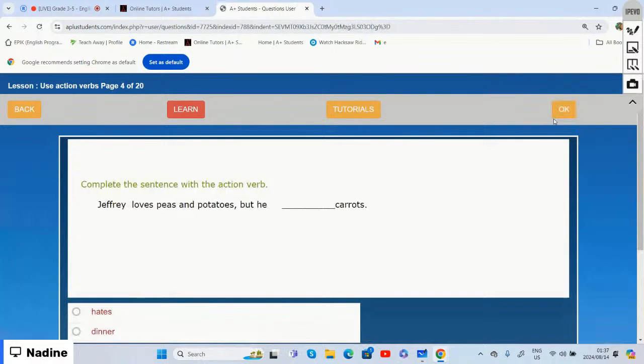All right, one more and then we're going to the next lesson. Jeffrey loves peas and potatoes, but he, do we say hates carrots or but he dinner carrots?